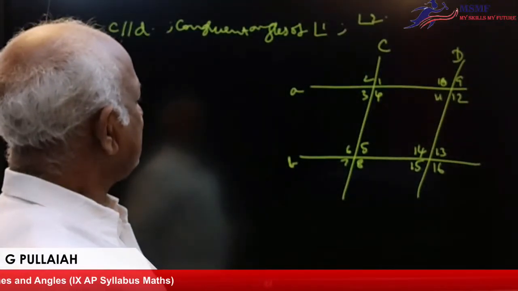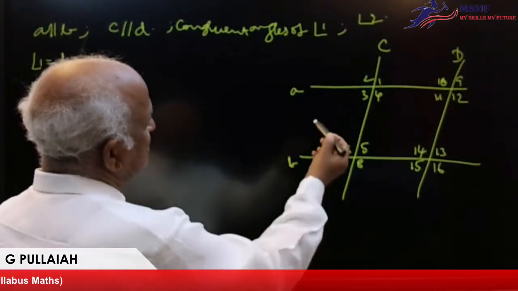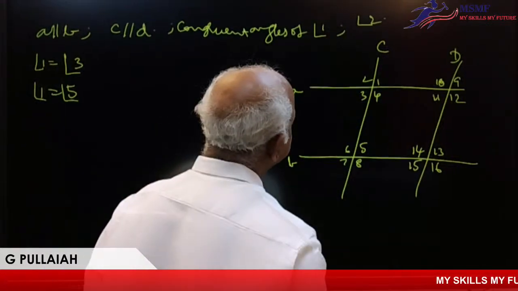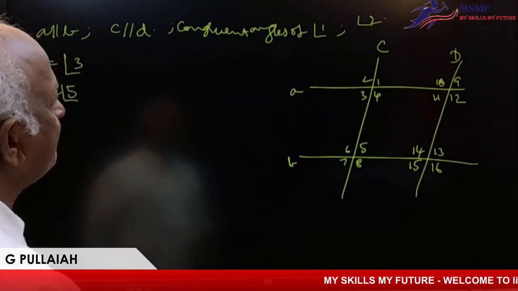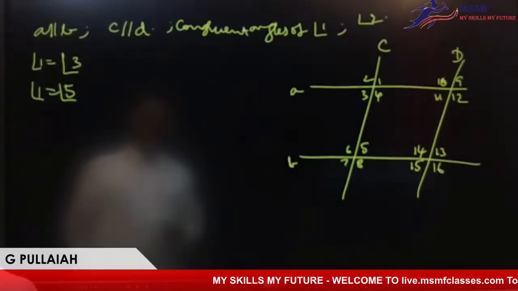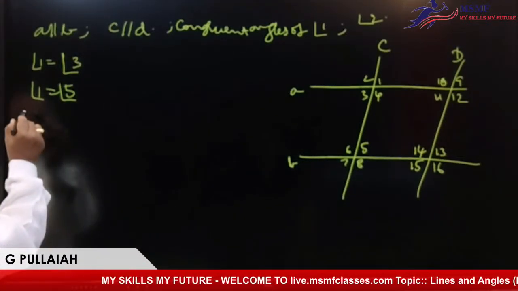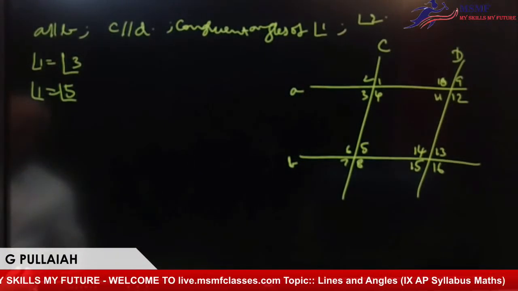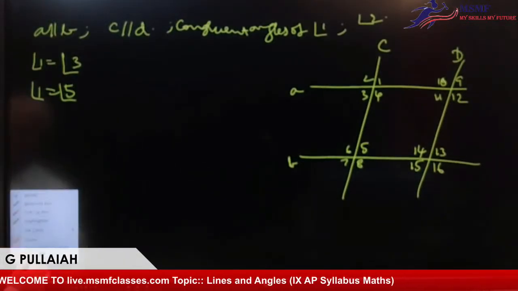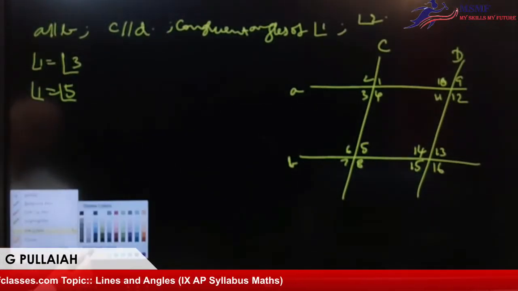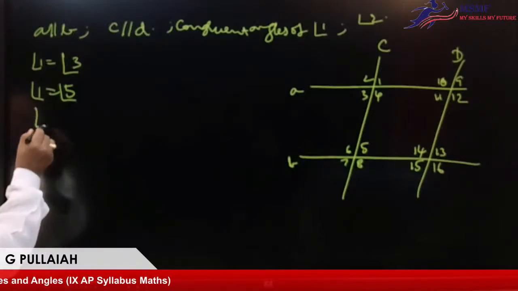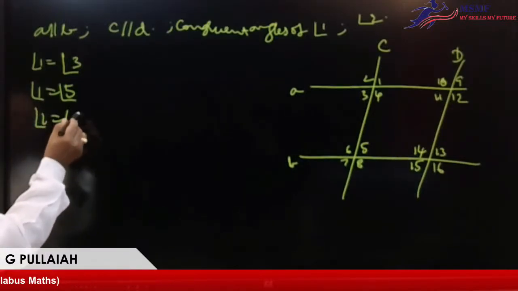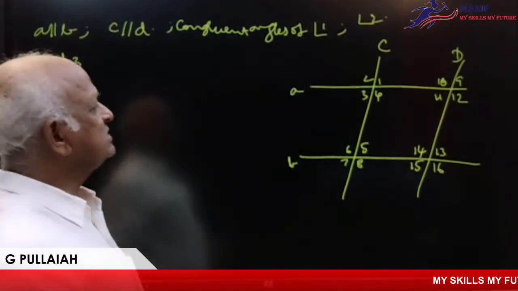So here angle 1 is equal to angle 5, and thereby angle 1 is equal to angle 9. Again corresponding angles.